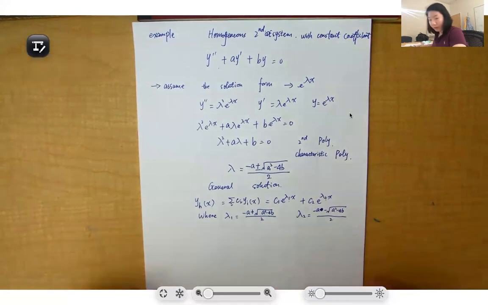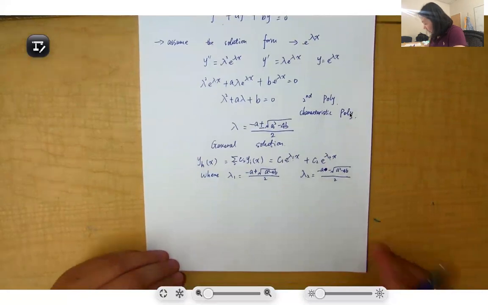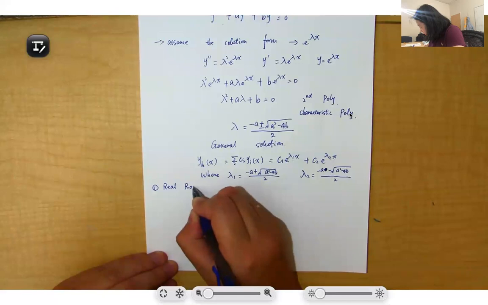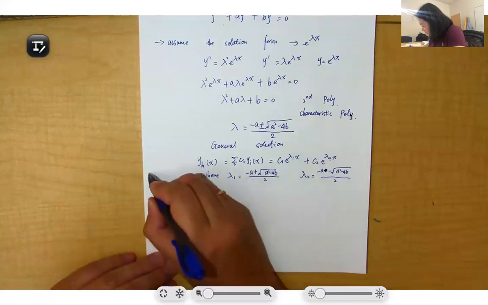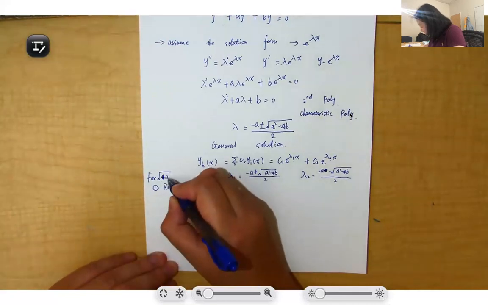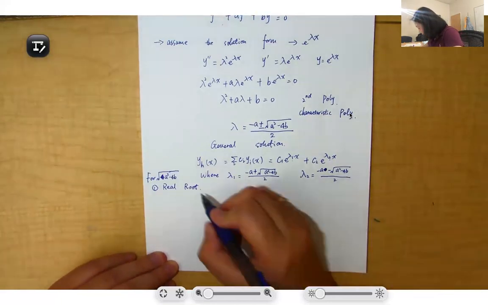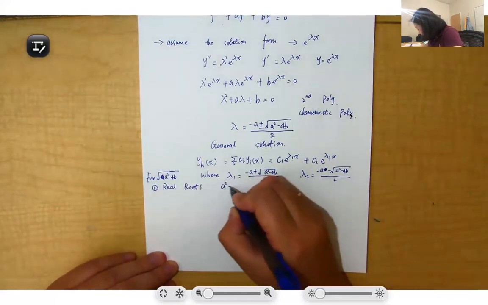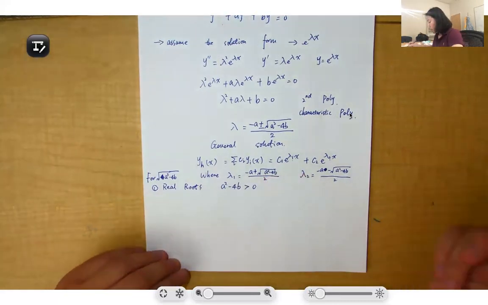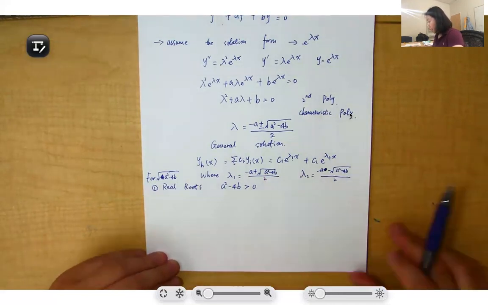So if we have a real root, for the part a squared minus 4b, which means a squared minus 4b is over 0, a positive number, then the square root will be a real root.